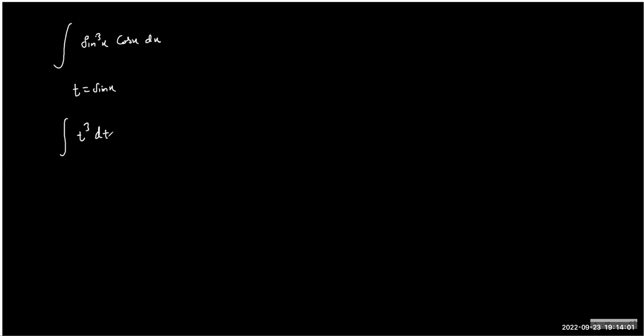Tell me, guys, yes or no? And you know the integration. What is the answer? T to the power 4. So 1 by 4 and t power 4 means sin power 4 x. Is this clear, guys? Yes or no?